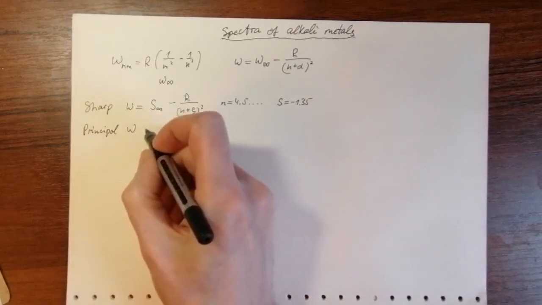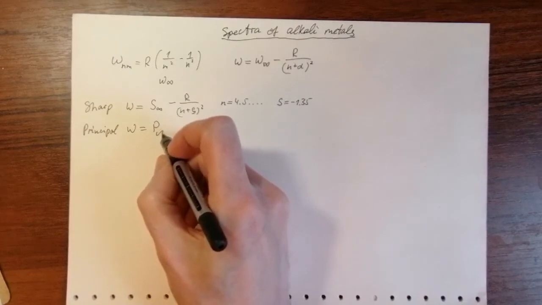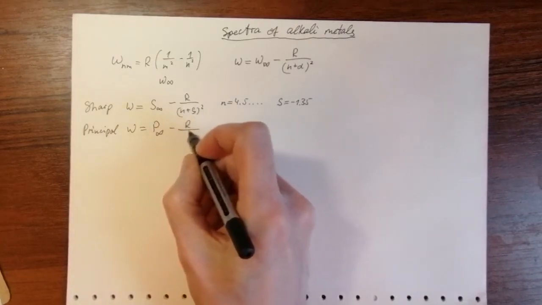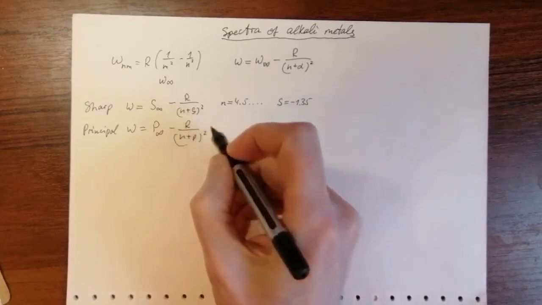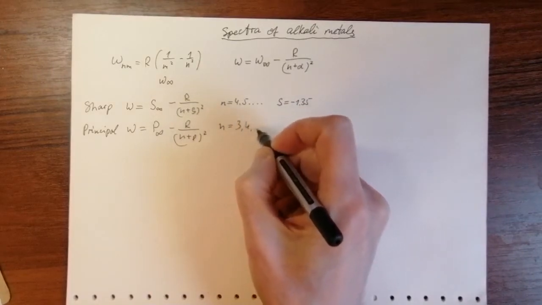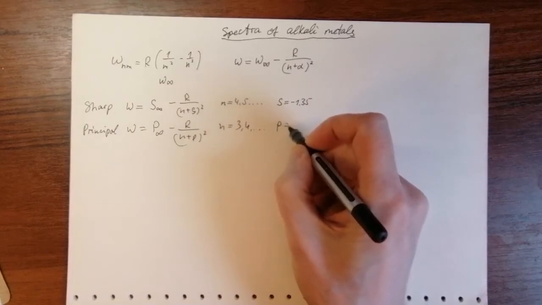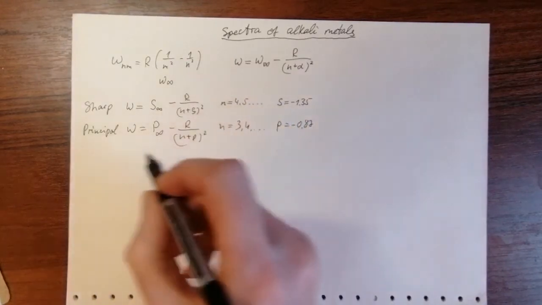For principal, we denote the limit frequency as p infinity, and omega is p infinity minus R divided by n plus p squared, where n starts from 3, 4, and so on, and p is minus 0.87.